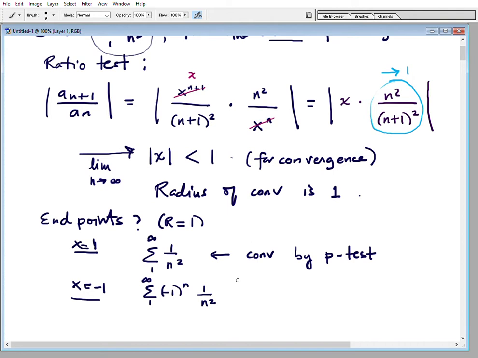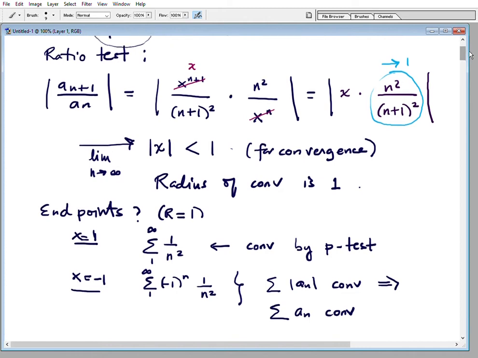Remember, if this is true, then this is true, because this one will always be bigger. Here you're adding up positive terms, and here you may be adding up positive and negative terms. So this one is smaller. If the bigger one converges, then the smaller one converges as well. This is the absolute value of the second one. We know that this one converges, so this one converges as well.